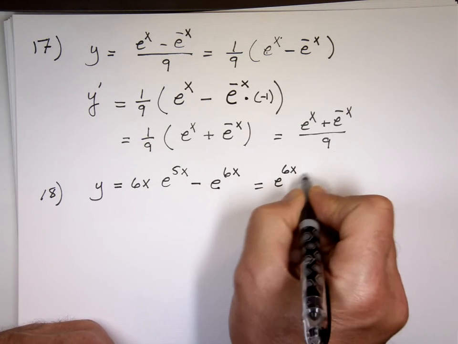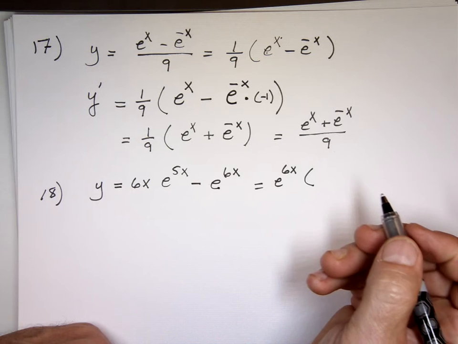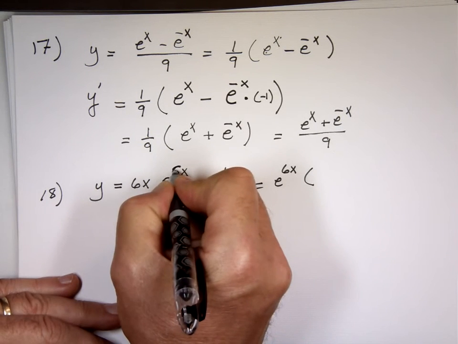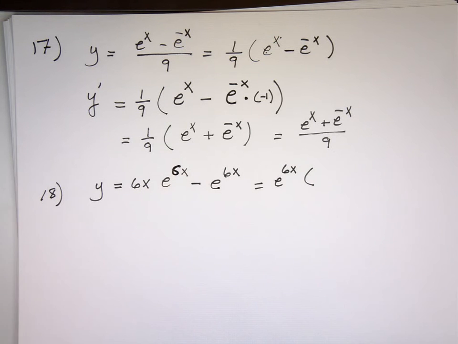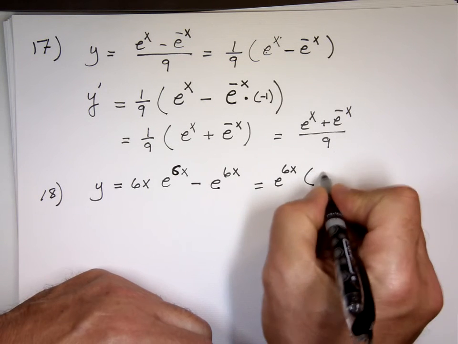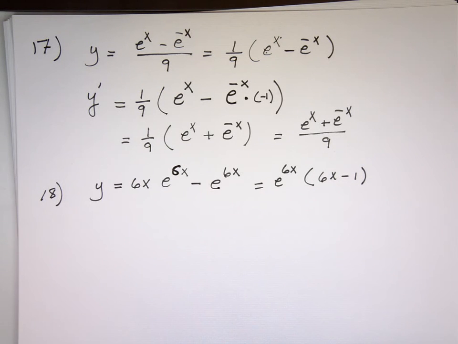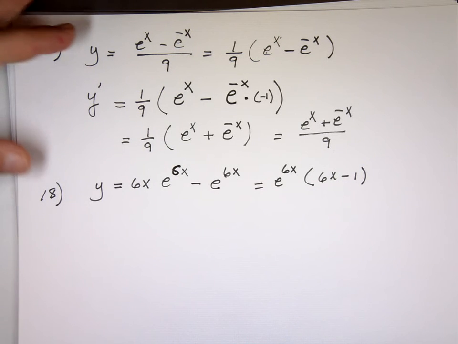If you factor e to the 6x, oh, is that 5x or 6x? No, they're both 6x, my mistake. I wrote 5, I'm looking at the computer, 6x on both. If I factor e to the 6x out, what's left? 6x minus 1. You can use now the product rule. So much easier than the quotient, yep.